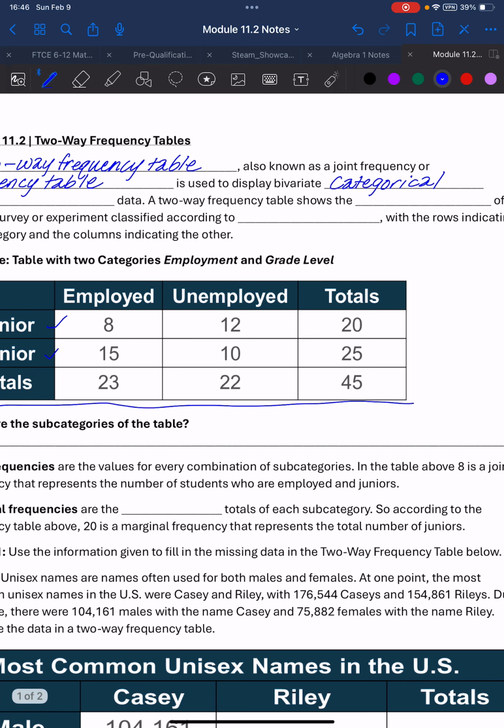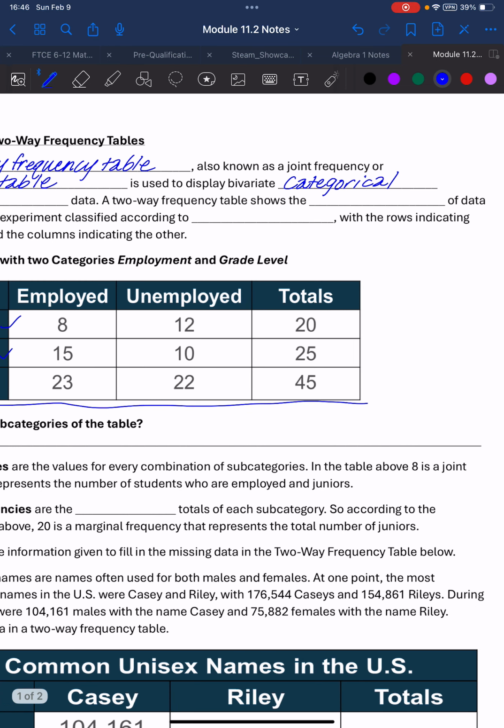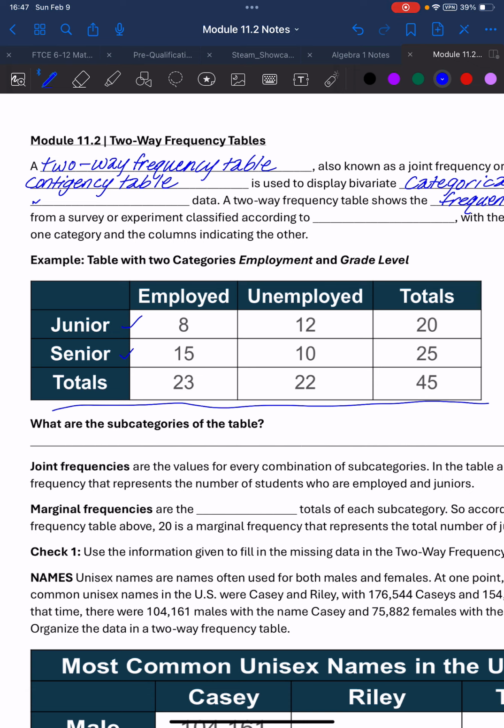Okay, so a two-way frequency table also shows the frequencies, and it's supposed to be a Q, their frequencies of data from a survey or experiment classified according to two categories.